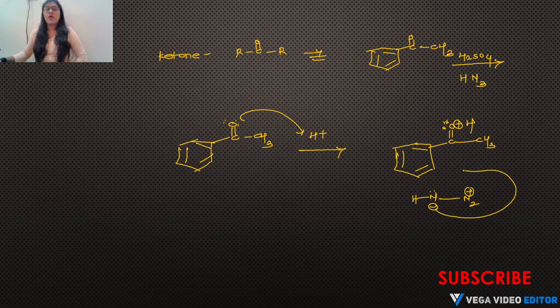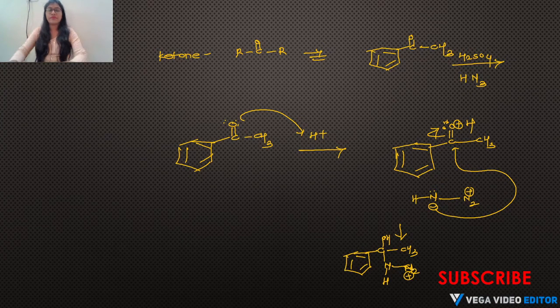Then it attacks the carbonyl carbon of the ketone, the charge on oxygen is neutralized, and we get C, OH, CH3, N, H, N2 plus. After elimination of N2, with Ph for the benzene ring, we get Ph, C, OH, CH3. N2 departs, then the charge on nitrogen is positive.